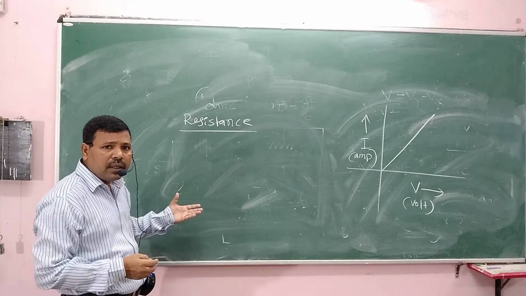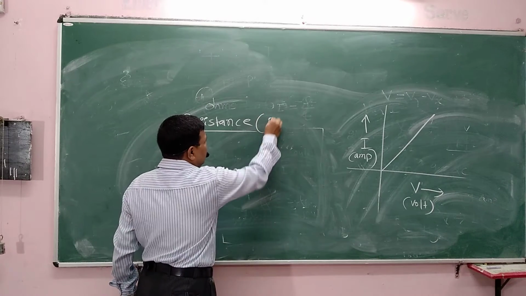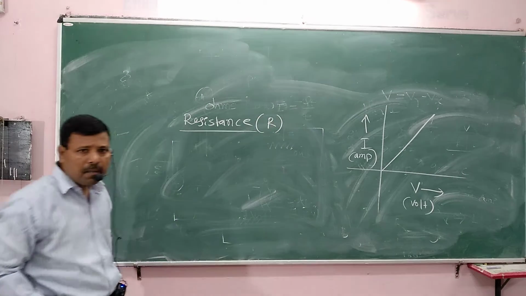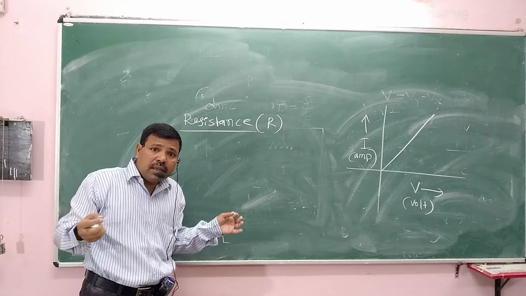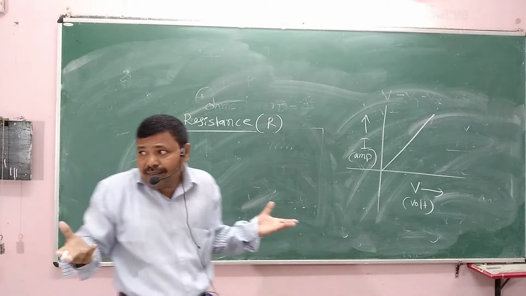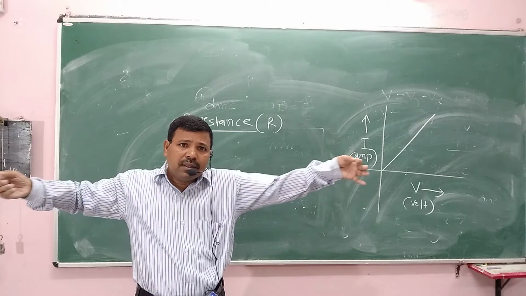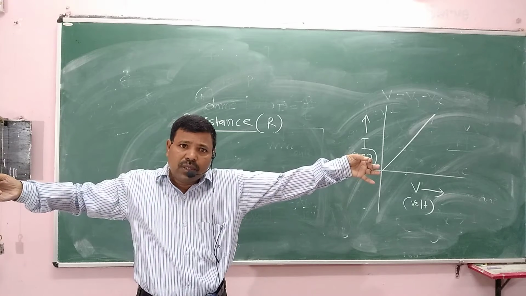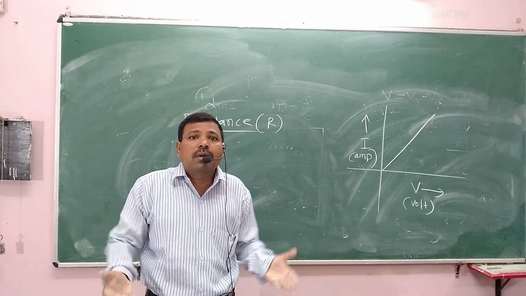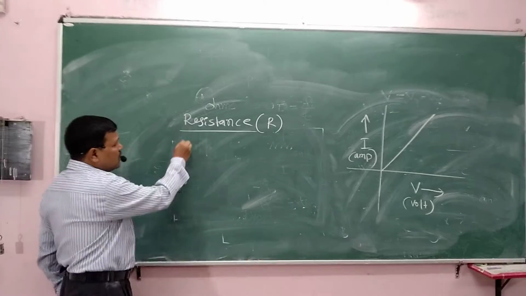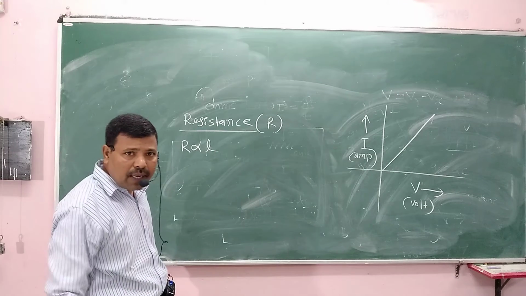Then how do we write the symbol of resistance? R. And the resistance of a conductor depends on what factors? If the length of the conductor is larger, then the resistance would be larger. From this we can write that resistance of a conductor is directly proportional to length.